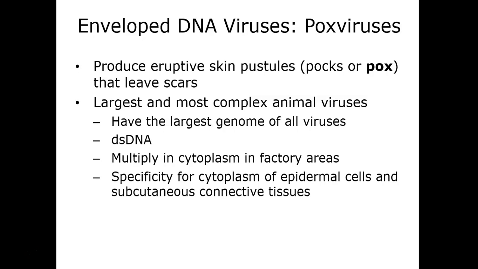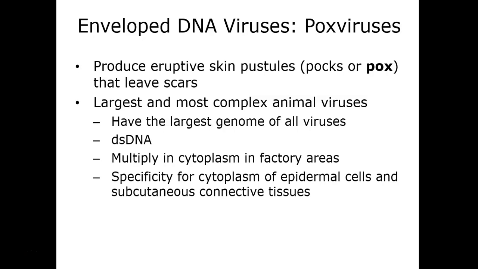So the Poxviridae are called so because they produce these skin pustules that are eruptive. They're known as pox. They often scar over once they heal, and this is the largest group of animal viruses on record.